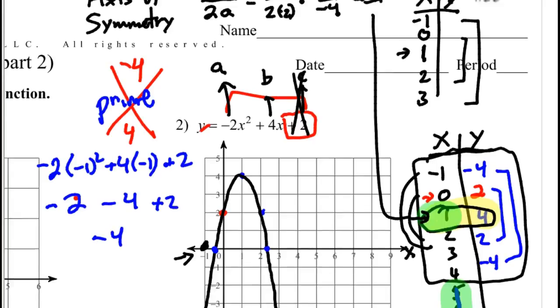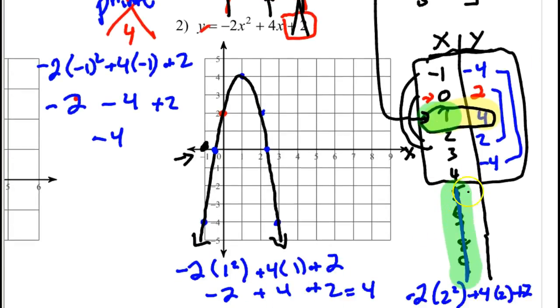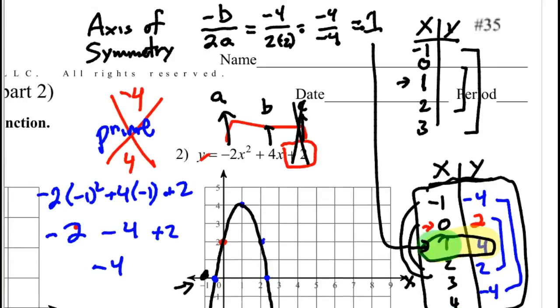We don't have to do the guessing game, because we already know the vertex is going to be at 1. So this -b over 2a will save you a little time.